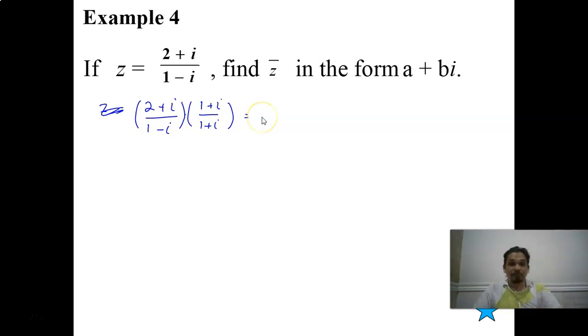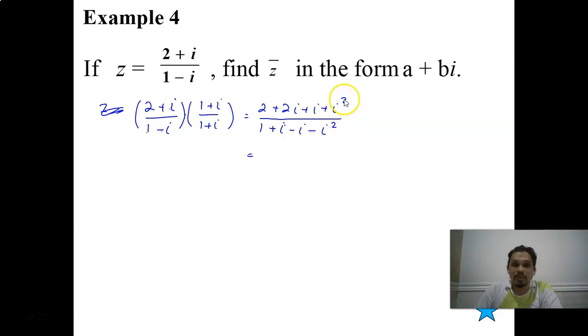So then, slowly one by one, 2 times 1 equal to 2, 2 times i equal to 2i, i times 1 equal to i, and i times i, i squared. Now 1 minus i multiplied with 1 plus i. So 1 times 1 equal to 1, 1 times i equal to i, negative i times 1 minus i, and then negative i times i, minus i squared.